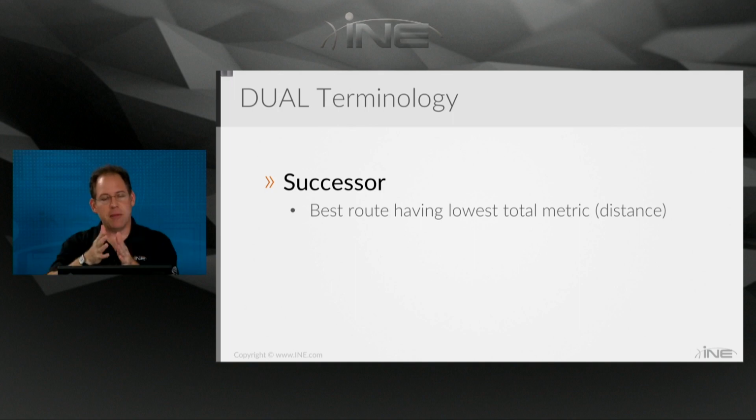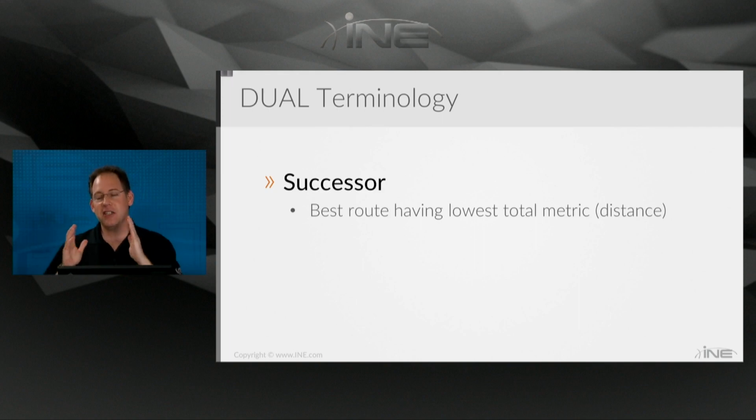So the successor is the router that you use as your next hop. Now, if somebody else advertises the 90 network to you and our paths are both the same, and you say, okay, there's nothing different here, I'm going to put both of them into the routing table, then you have two successors. So you could have more than one successor. The successor is whatever neighbor you're using to put into the routing table, the best route that you're using, the best neighbor that you're using to get to a particular prefix.